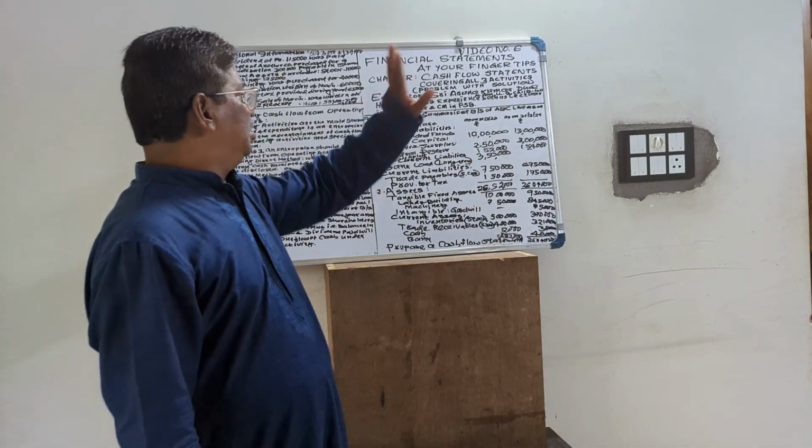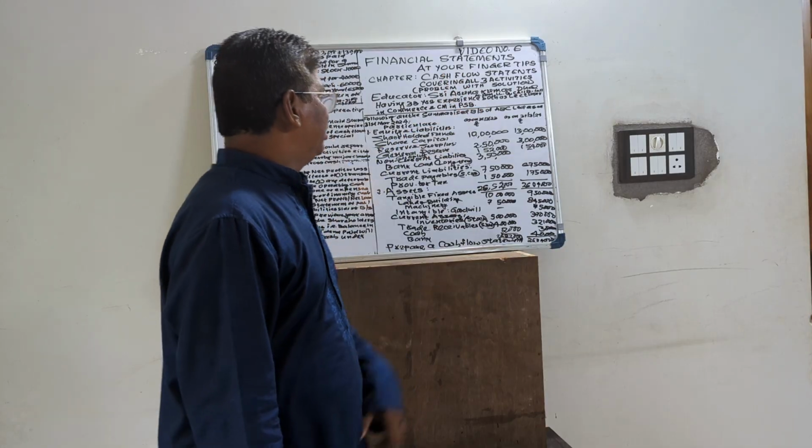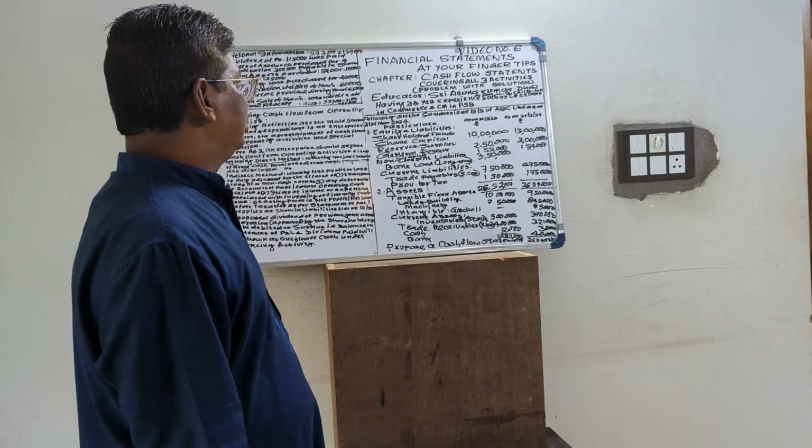So in this video, this is the sixth video, we will discuss the cash flow statement covering all the three activities.